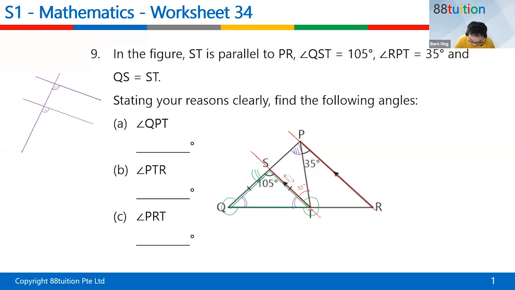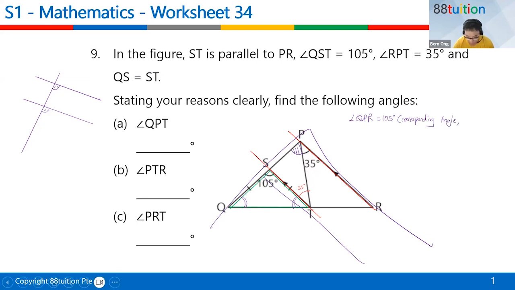So let me find my purple shaded angle first. But before that, I need to declare that angle QPR is equal to 105 degrees. The reason is corresponding angle, comma, who is parallel to who? You must declare: ST is parallel to PR.